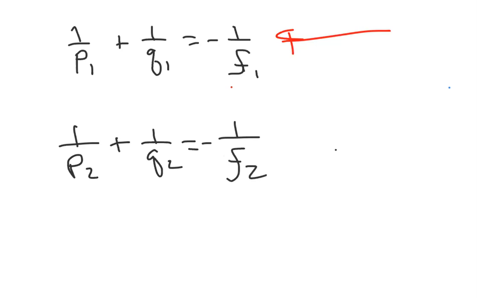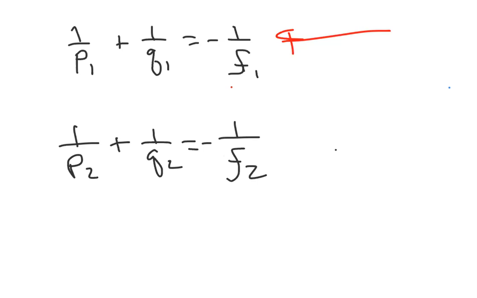Because you didn't even bring it up last time. I mean, for the first part, it was to always check your signs for P, Q, and F, what they need to be. And also you can use that idea to check your answer here.